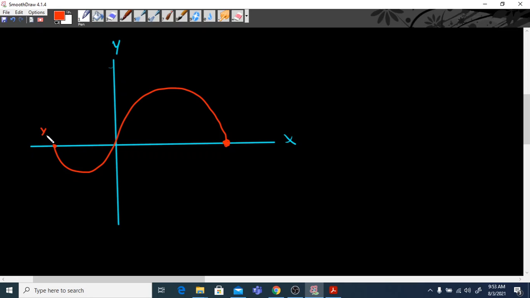So let's say here's x equals a, and here's x equals b. We start at a and we end at b. The way we would write this down is the integral from a to b of whatever the function is, dx. And that would give us what we have here exactly.